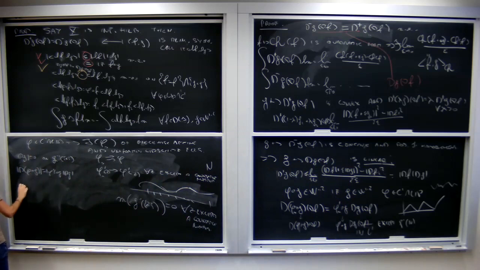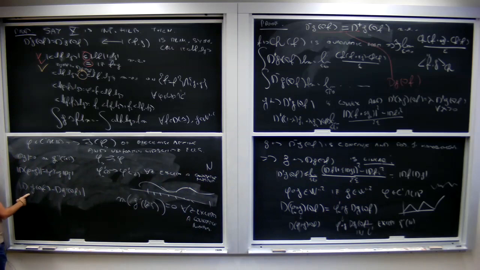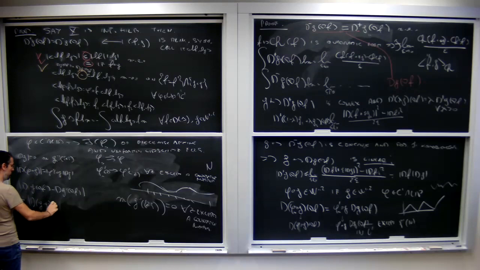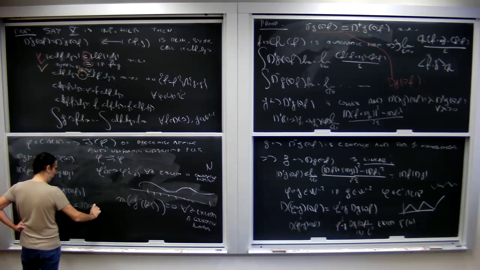So what's the difference between, let me write it this way, dg nabla f minus dg' nabla f? Well, by linearity in g, this is d of (g minus g') nabla f. And now by Cauchy-Schwarz, that kind of Cauchy-Schwarz.